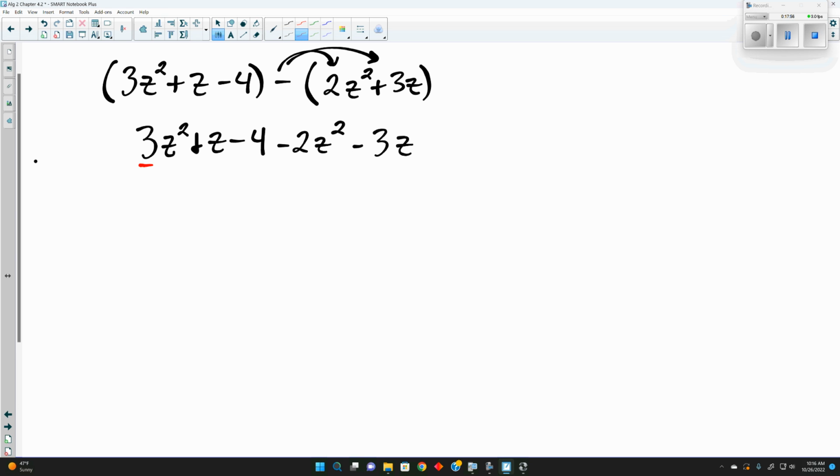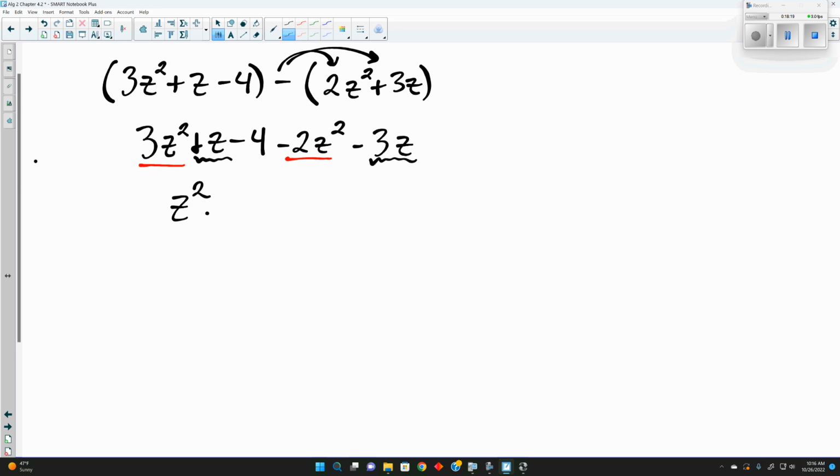But now when we combine like terms, we have 3z squared minus 2z squared. 3 minus 2 is 1, so we're just left with z squared. Our next one we have is positive z minus 3z.